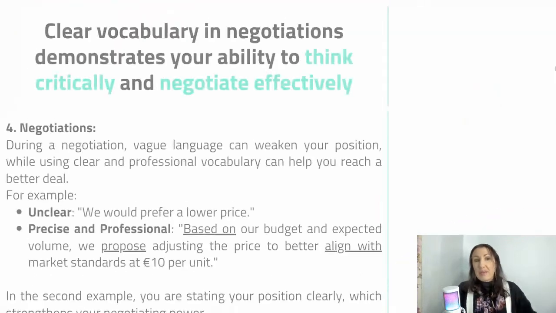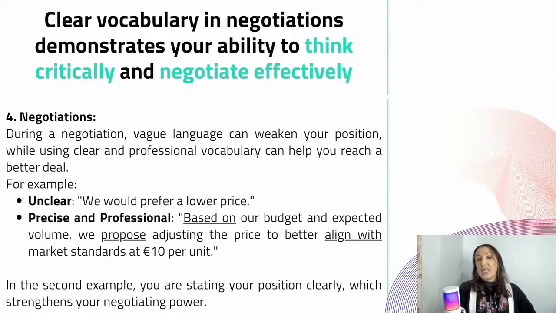And for example, when you are negotiating, it's very important to think critically to demonstrate that you can be effective. So you can say just, we would prefer to lower the price, for example. You're going to be professional.